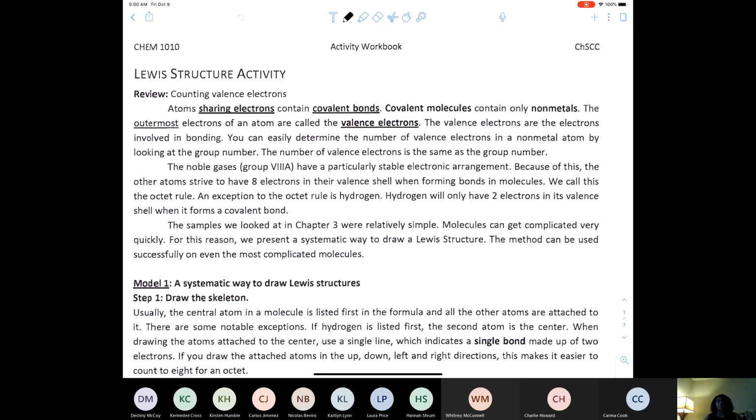And you will view some pictures of some models of molecules. And based on those models, you'll be answering some questions based on those pictures of those models, as well as the Lewis structures for those same molecules that you will have drawn.